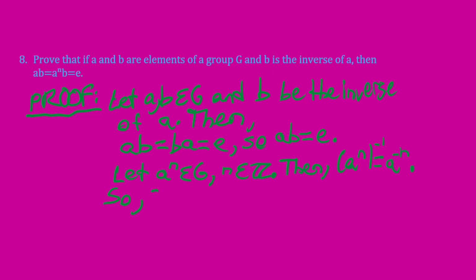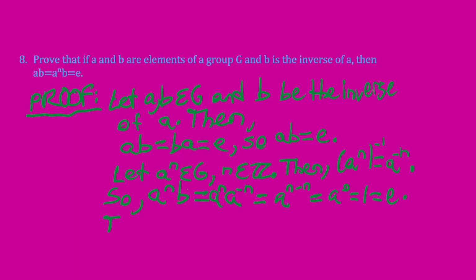So A^n times B would be equal to A^n times A^(-n), because remember, we defined B as the inverse of A. So we would have A^(n-n) equal to A^0, which would be 1, which would be the identity element.